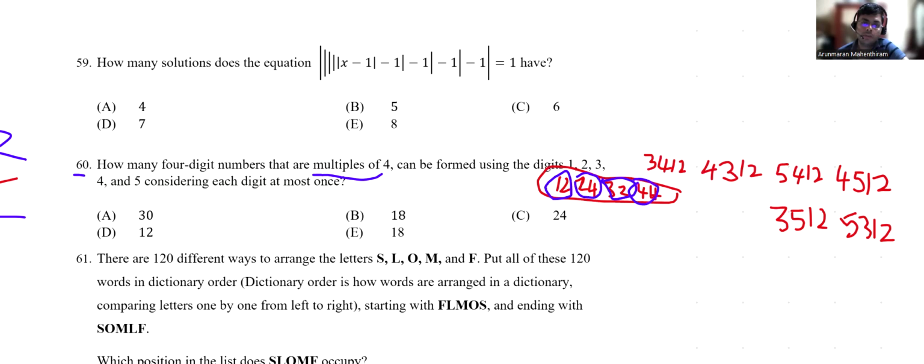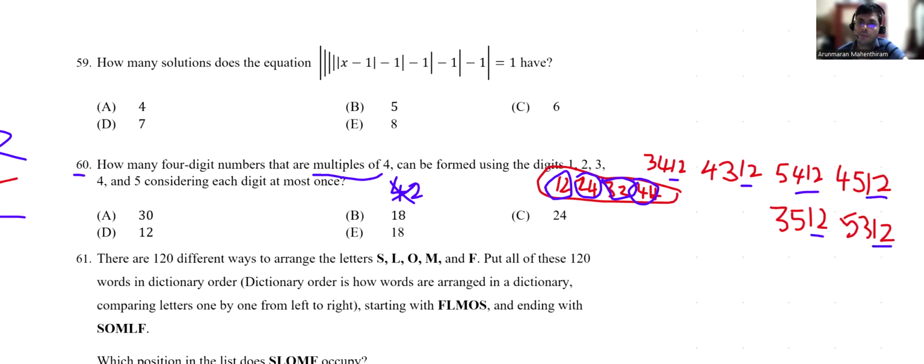If you consider 42, 42 is divisible by 2 but is not divisible by 4. So this is not possible. So the only possible values are 12, 24, 32, 52 as the last two digits. So one possibility is keeping 1, 2 as the last two digits. We can make 6 numbers under these conditions.